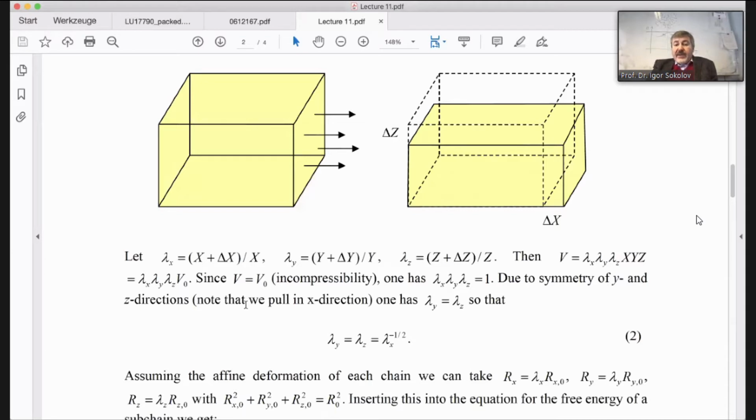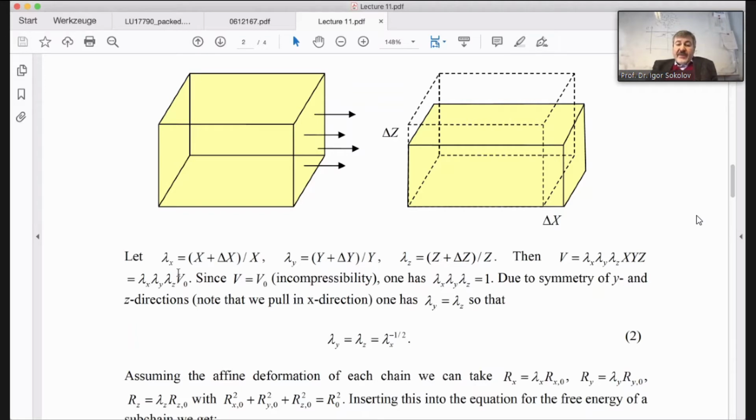Now, due to the symmetry, the relative deformations in normal directions are the same. And now I introduce these relative deformation factors, lambda x, lambda y, lambda z, which show by what proportion each of the sides of my parallelepiped or cube changes.